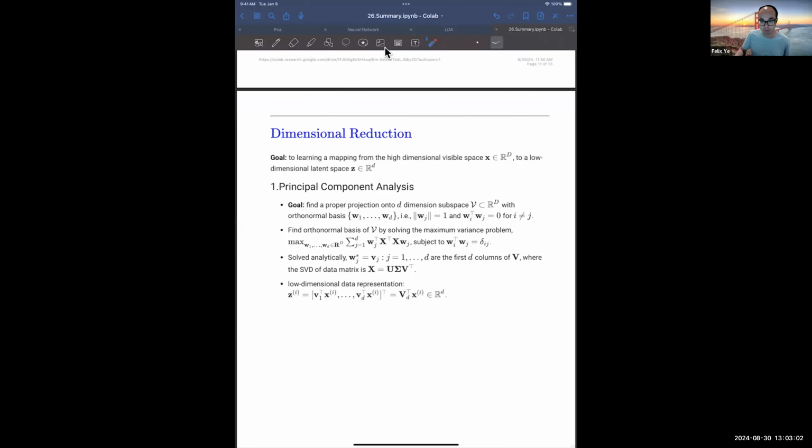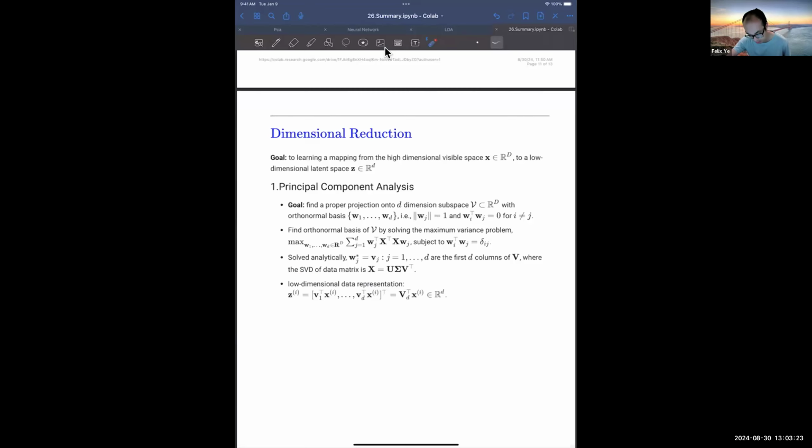But fortunately for this specific problem, it can be solved analytically, with Wj equal to Vj. This is the first d columns of V, where V is from the singular value decomposition of my X matrix.